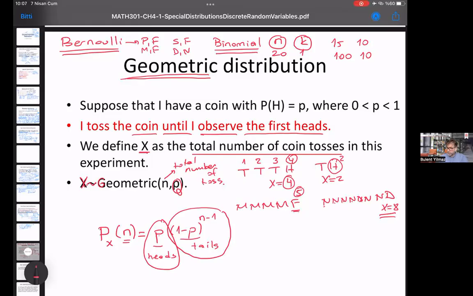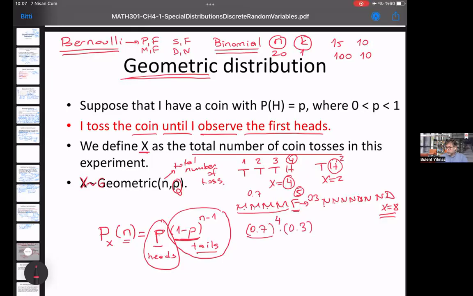If I want to write it again, probability of heads, but before that I have n minus 1 tails or n minus 1 males. Let's say the probability of obtaining males is 0.7, and 0.3 is the probability of obtaining females in an engineering classroom. So you would say I have 0.7 probability, and I have 1, 2, 3, 4 times 0.3, right?